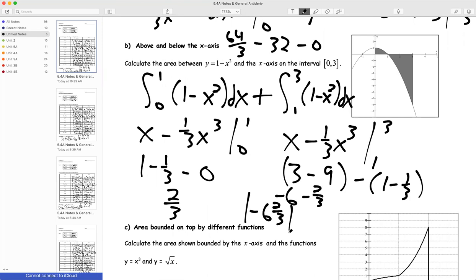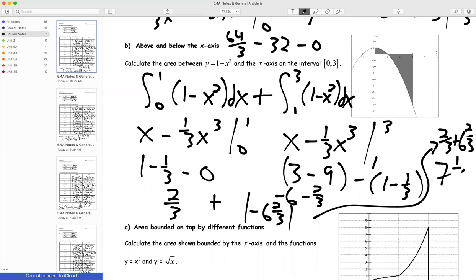So for my final answer here, I'm going to add these two things together. I have 2/3 plus the absolute value of 6 and 2/3. So 2/3 plus 6 and 2/3 gives me 7 and 1/3, or 22/3 for my final answer.